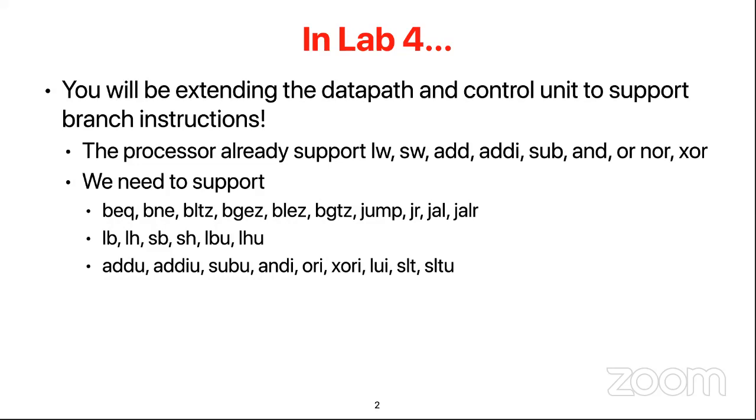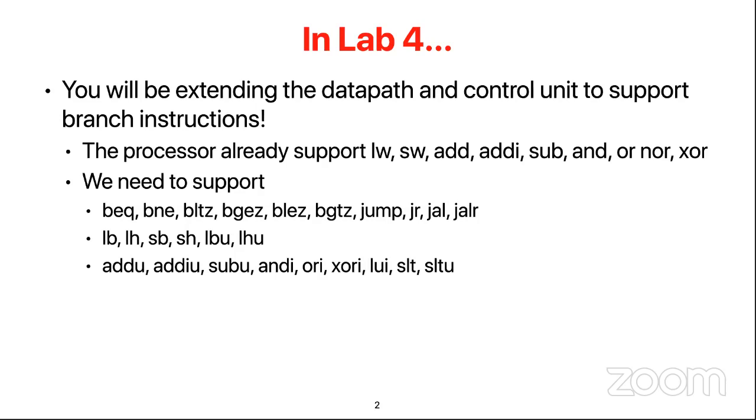So today we are talking about Lab 4. Previously in Lab 3, you already have the processor without branch support. As you can imagine, this is a step toward Lab 5, because in Lab 5, all we want you to do is, given a single cycle processor, pipeline it.